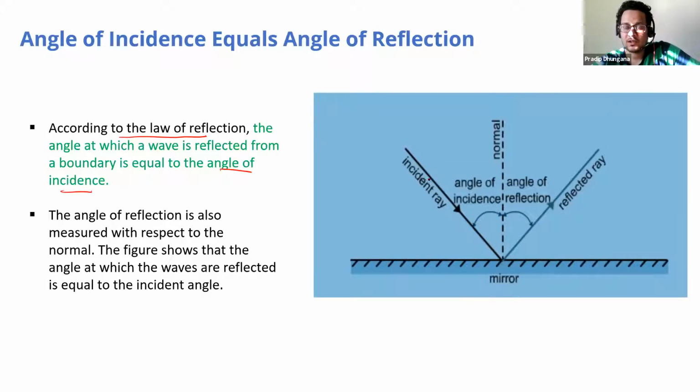The angle made by the incident ray to the normal is called the angle of incidence. The angle made by the reflected ray to the normal is called the angle of reflection. Those two angles are equal to each other. According to the law of reflection, angle of incidence is equal to angle of reflection.